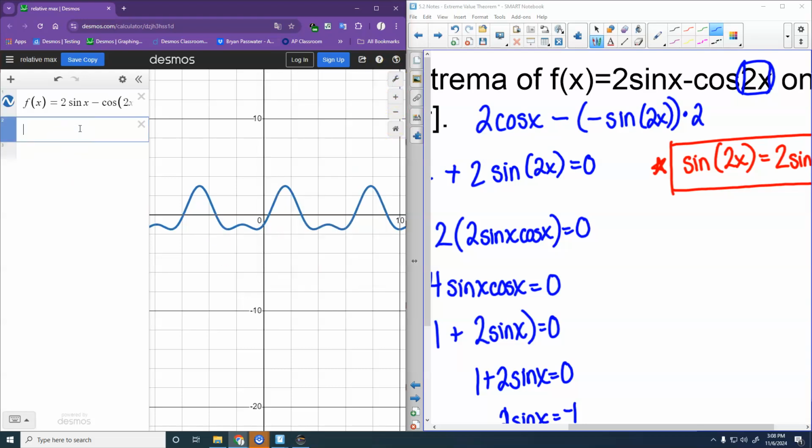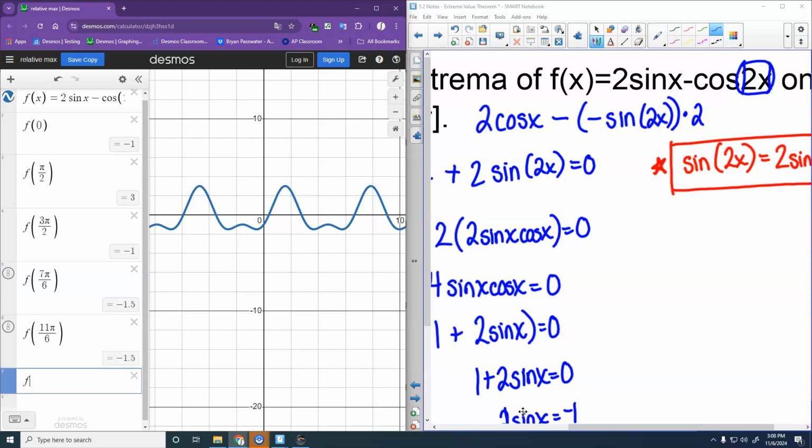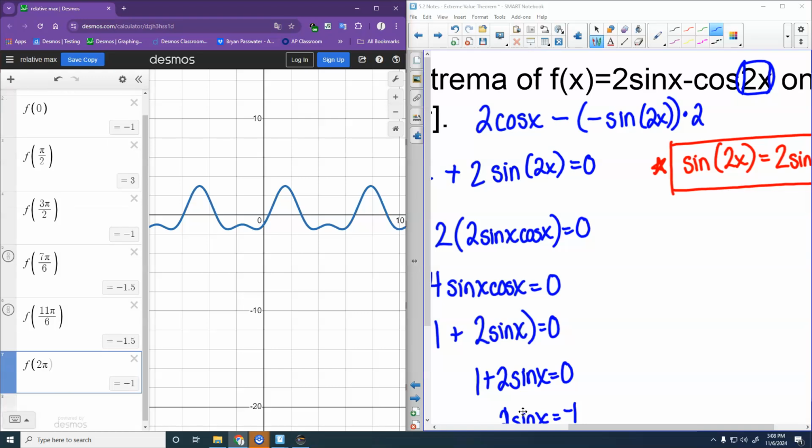Yes. So if I do f of 0, f of pi over 2, f of 3 pi over 2, f of 7 pi over 6, f of 11 pi over 6, and f of 2 pi.